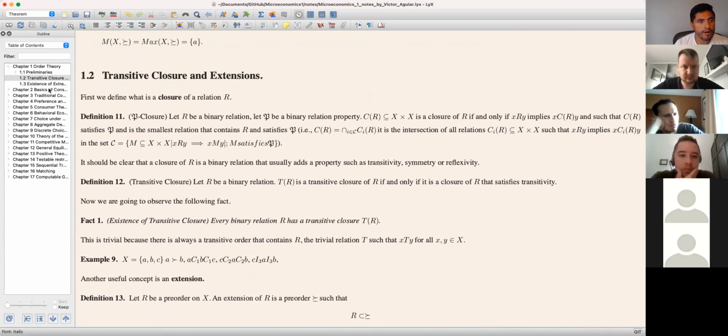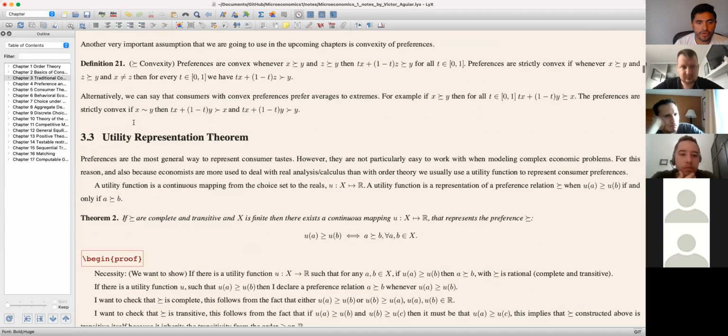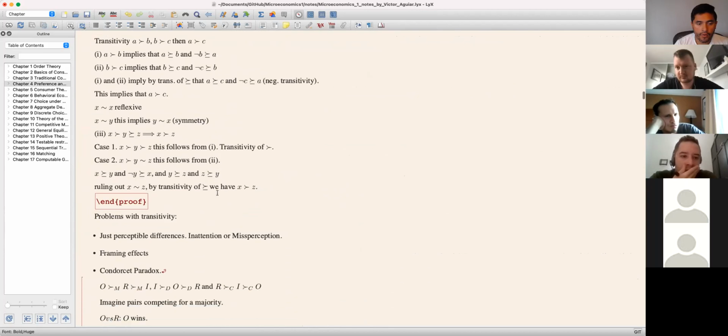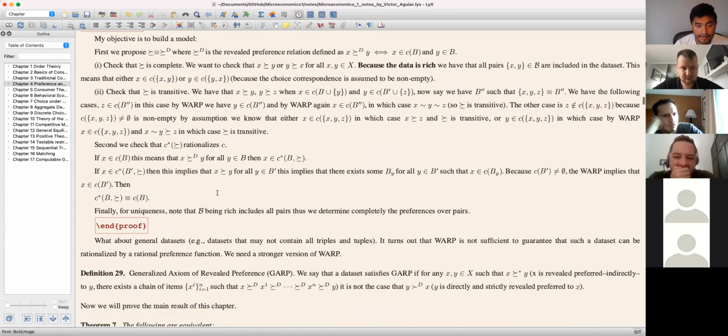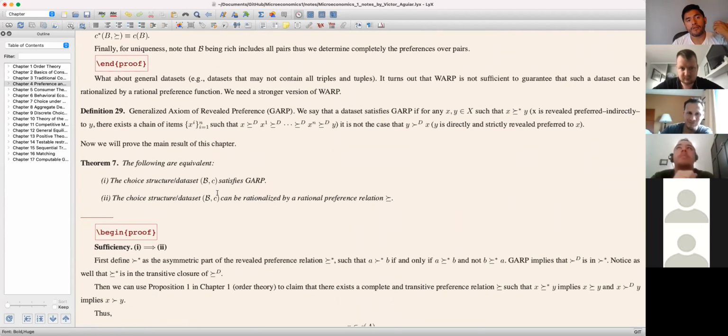But in particular, the proof of what we saw today relies on the simple fact that when we have an acyclic preference relation, we can always extend it and make it complete, such that the extension is going to be a transitive and complete preference relation.